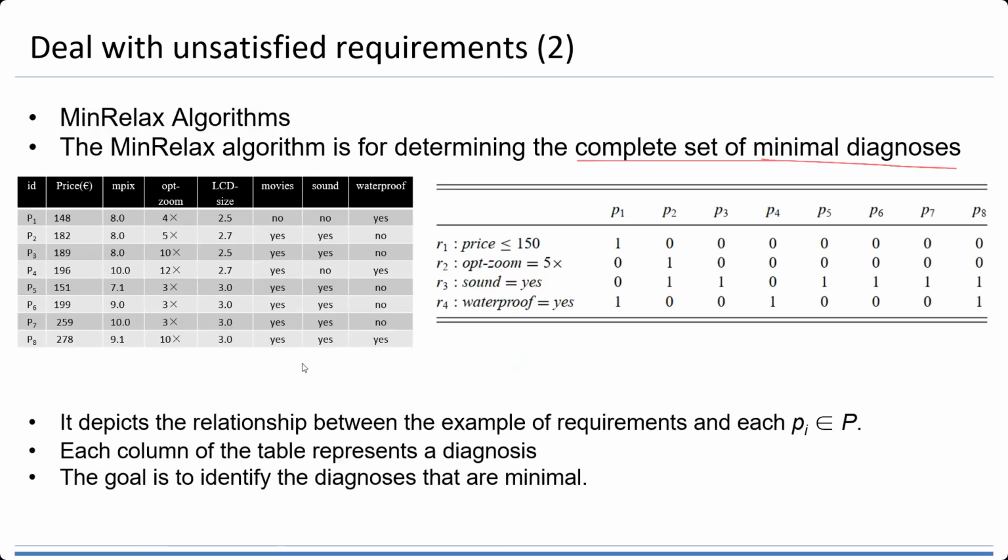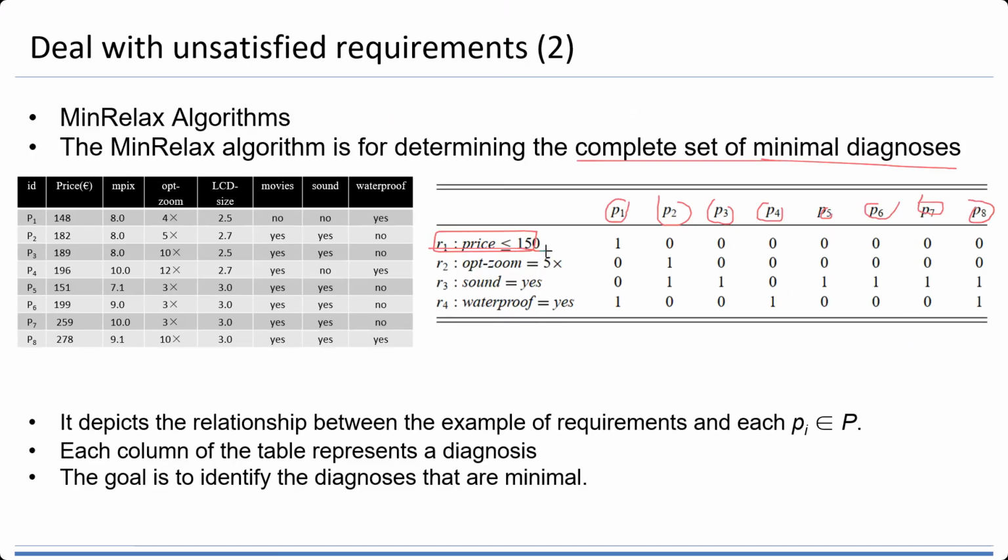So let's say we have this data again, and we can make it binary: yes, no, true, false. In this case, the R1, and we want to look at P1, P2, P3, P4, P5, P6, P7, and P8.